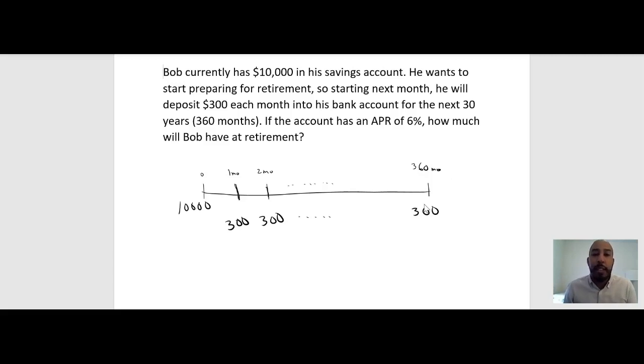All right, so we can look at this problem as two separate problems. I'll call this problem A: we want to find out what this $10,000 will grow to at the end of the 30 years. So problem A, what will the $10,000 grow to?